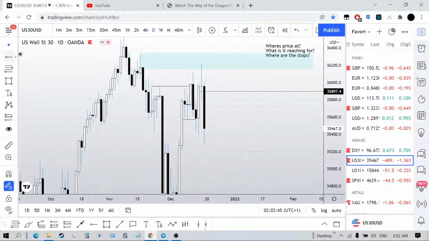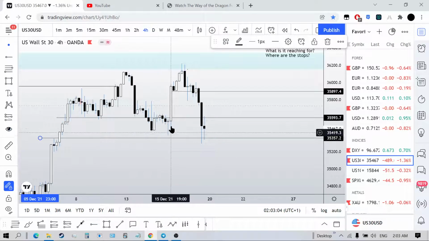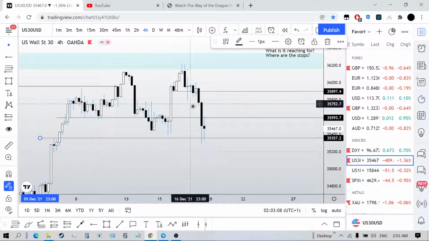So from this wick's low to this wick's high right here, this is an imbalance that price needs to rebalance. We came into there and rebalanced this, and then we moved back up off of this. We could come back down, maybe come into here and then move back up.